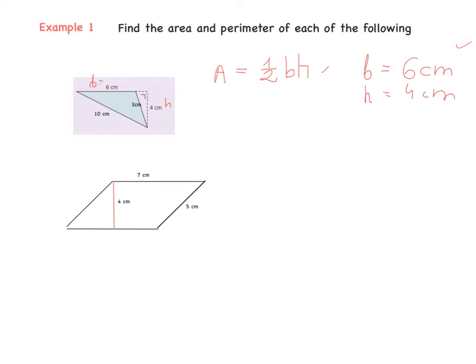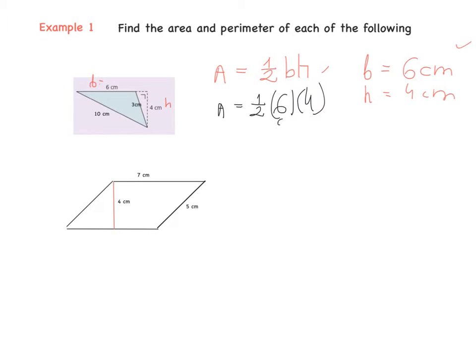Then, what to do? Instead of letters, we need to use numbers and put the numbers into the formula, okay? So we don't have B anymore, we have 6, and instead of H, we can write 4. So area is 1/2 multiplied by 6 and multiplied by 4.